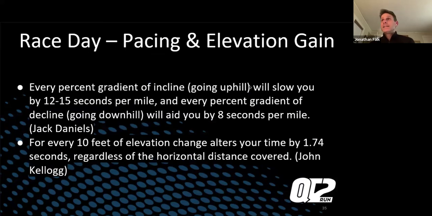So when you're dealing with elevation change, uphill or downhill, typically every percent gradient will slow you down by 12 to 15 seconds per mile. Heartbreak Hill, for all the mythology behind it, is really only a 3.5% grade.